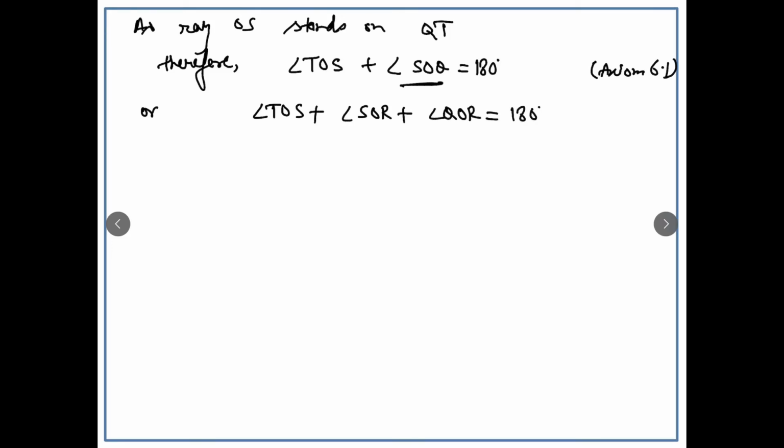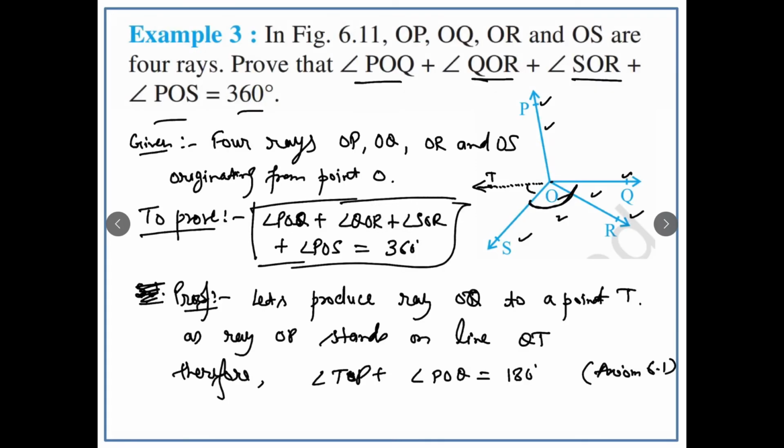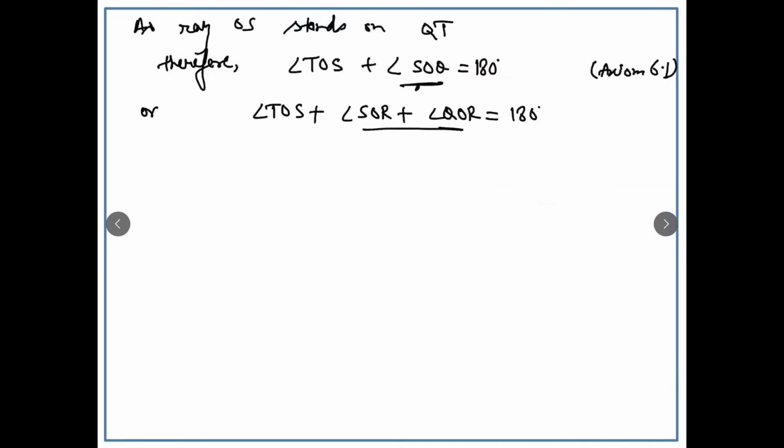So angle TOS plus angle SOR plus QOR will be equal to 180 degree. So we got this equation. Now let's name this as equation number 1 and this one as equation number 2. Now we'll add the two equations.